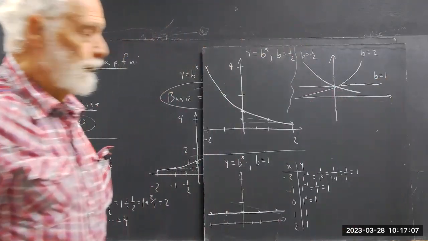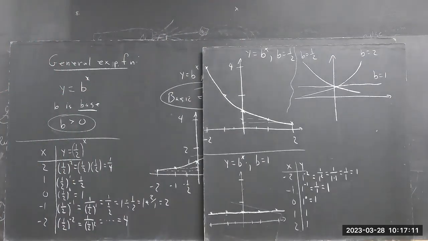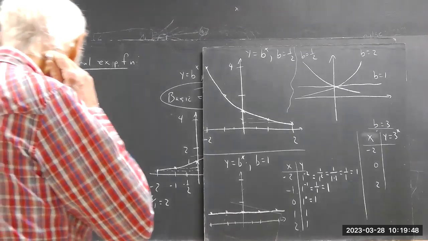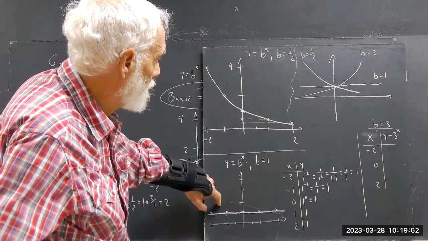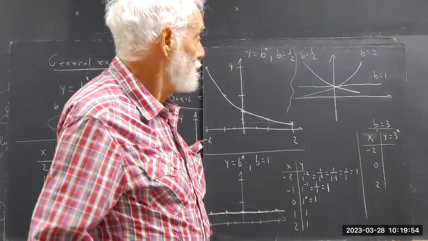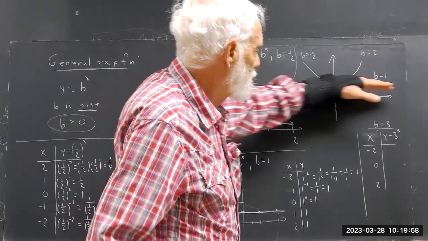Here's your graph for b equals 1. What would the graph look like for b equals 3? Okay, now, from the original graph and this graph, we have this picture. We have the b equals 1/2, and the b equals 2, and the b equals 1.